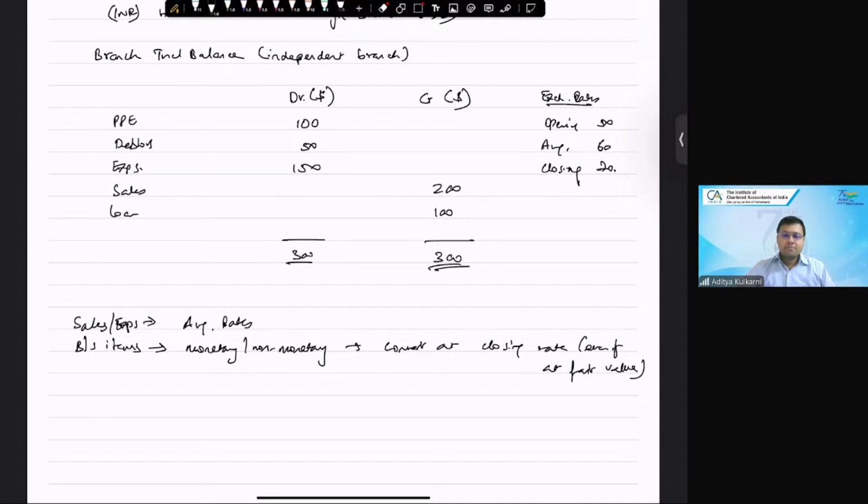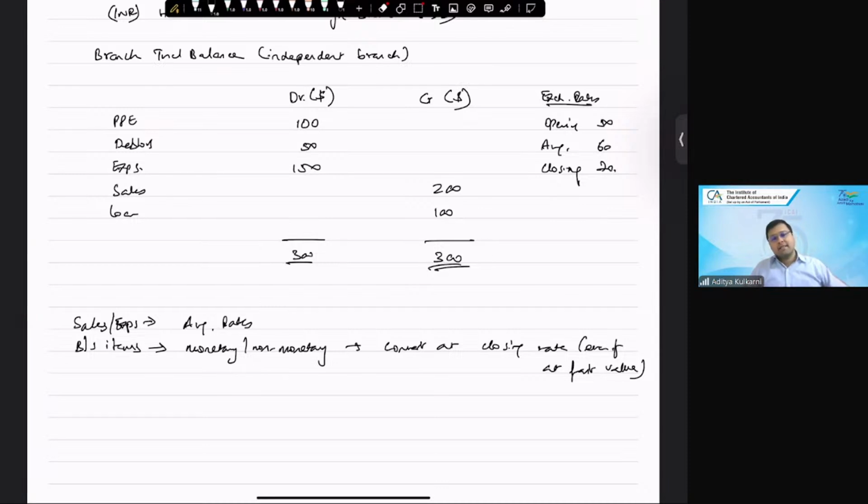So basically, your branch is not selling the individual items, and neither will you as the head office be selling and realizing the individual items. If you have to close, you will close the branch in entirety and you will realize everything at that point of time. Are you able to follow? Yes.